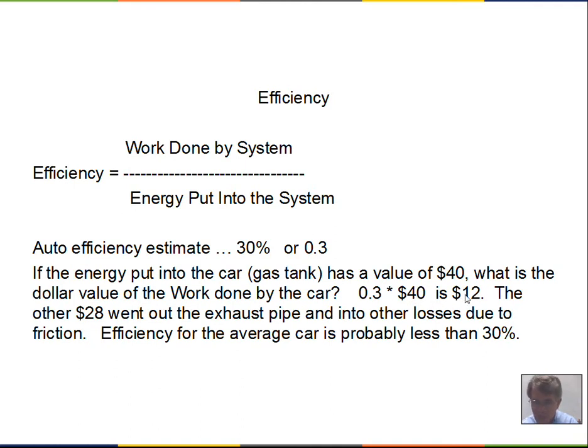Not a great bargain. And where is the missing $28? Out the exhaust pipe and other heat losses from the engine, the radiator, losses due to friction. That's reality. And it's even worse for the average car with an efficiency less than 30%.